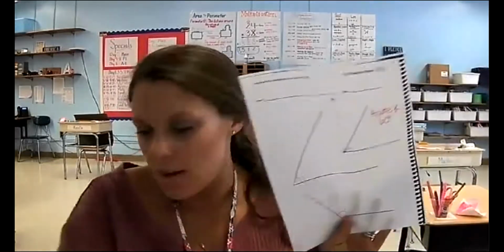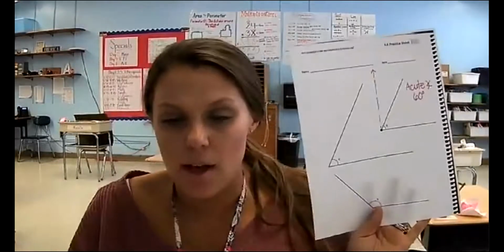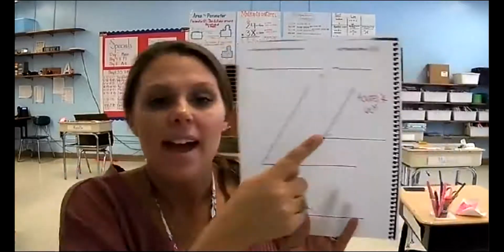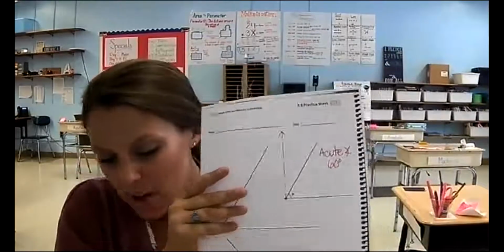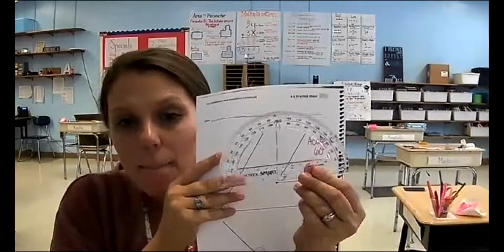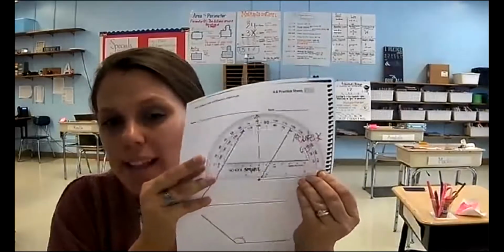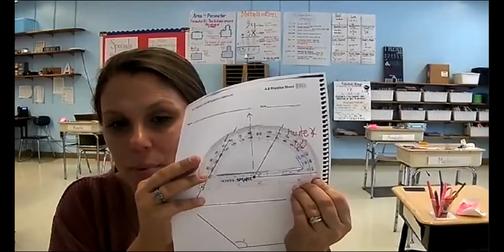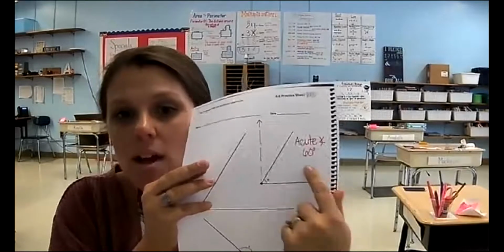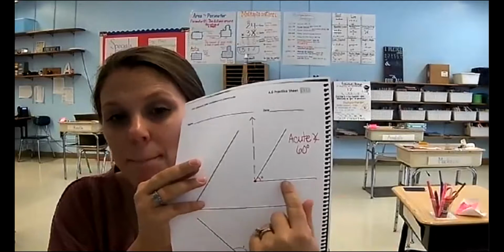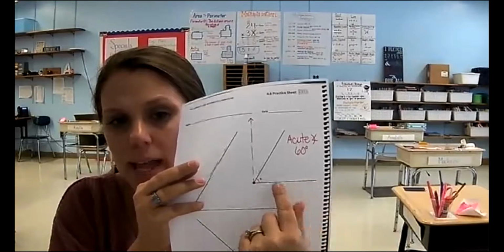All right, friends, so I want to show you how I solved for angle D. So what I did first was I didn't have to extend my lines because my protractor was long enough, so I didn't have to do that. I did show my 90-degree angle by lining up my origin on the vertex, making sure when I labeled, I had my protractor's baseline lined up with that baseline of the angle, right?